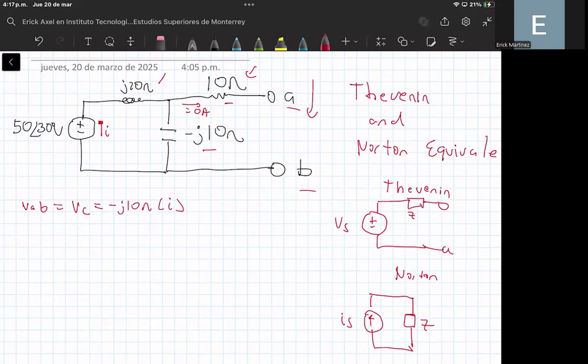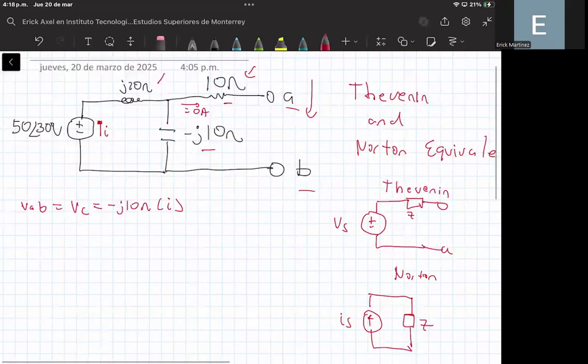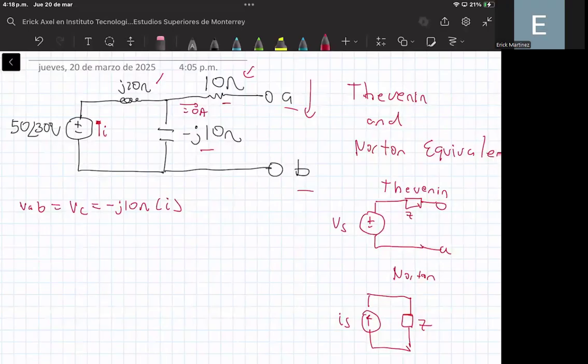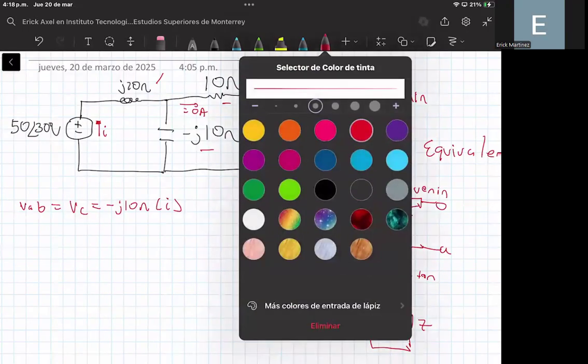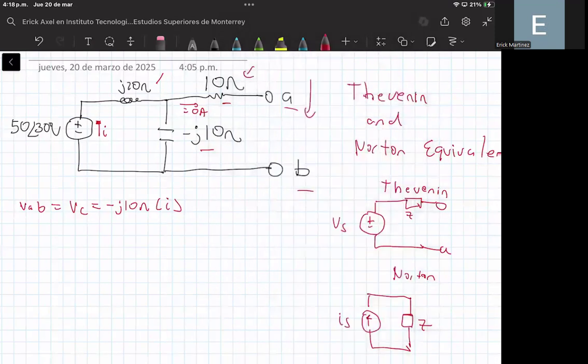Because there is no current flow in the direction of the 10 ohm resistor because we have an open circuit. And this is the Thevenin equivalent if we analyze the circuit from these terminals A and B. Okay, so we can say that this is equal to the Thevenin voltage. Okay, I am labeling this as VTH.